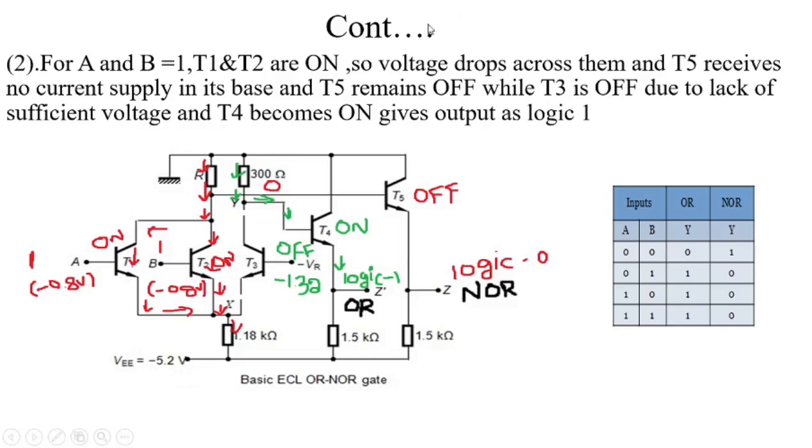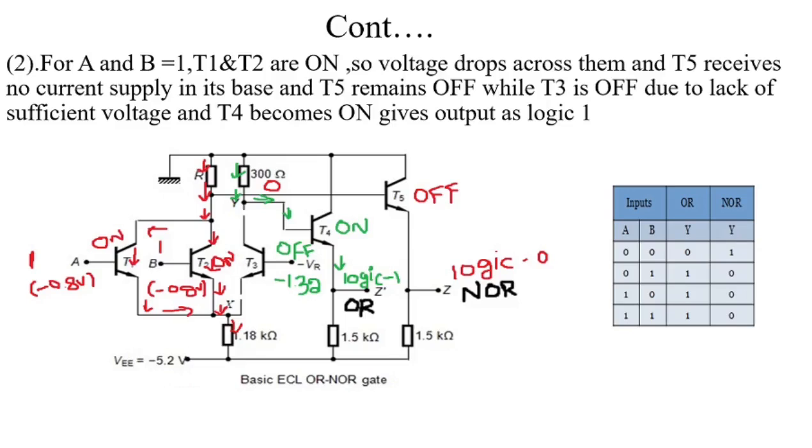It means that in this circuit we are applying both the inputs as logic 1. We know that the logic 1 voltage is minus 0.8 volts, and we already mentioned the base terminal of this T3 transistor is at minus 1.32. So minus 1.32 is less than minus 0.8. At that time this T3 transistor operates in the cutoff region.